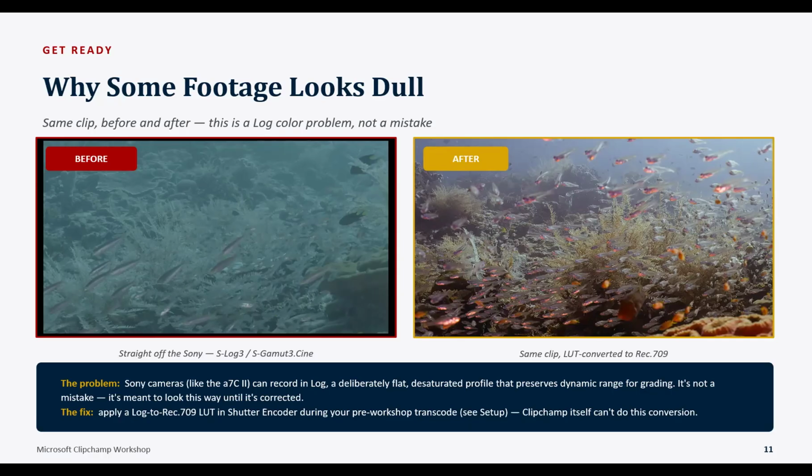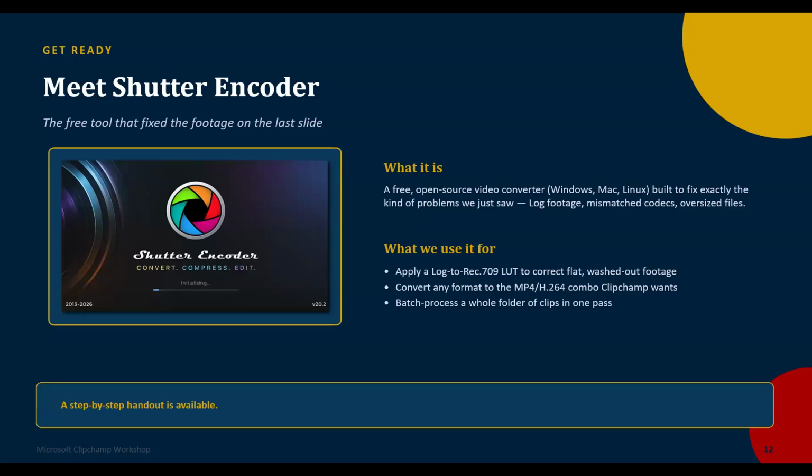If you do have this problem, one thing I've been doing is I use a program called Shutter Encoder. If you have that problem during this seminar, you may want to download that. I did bring a copy here if we need it.